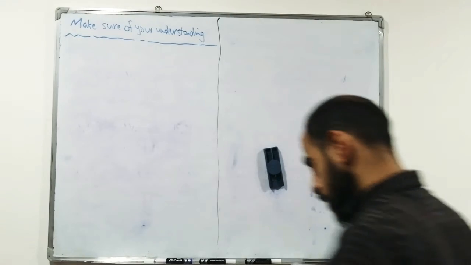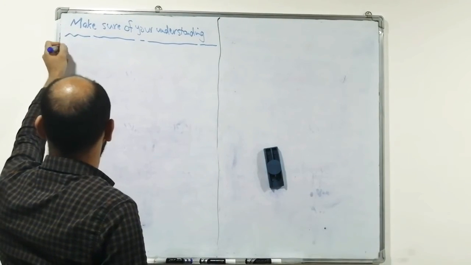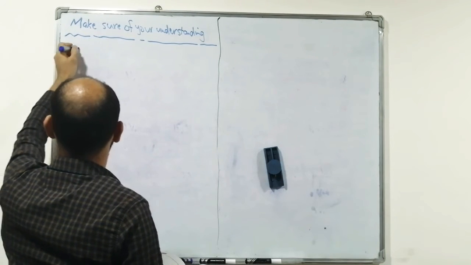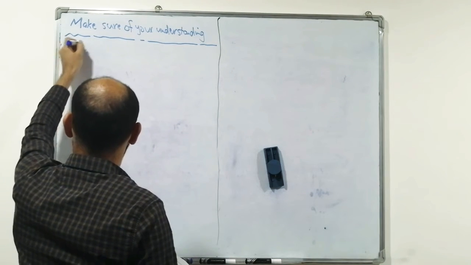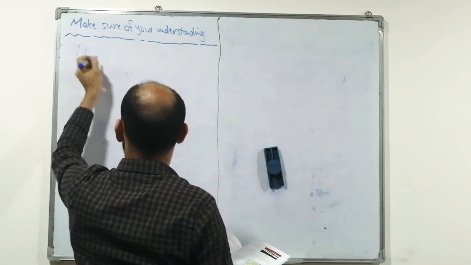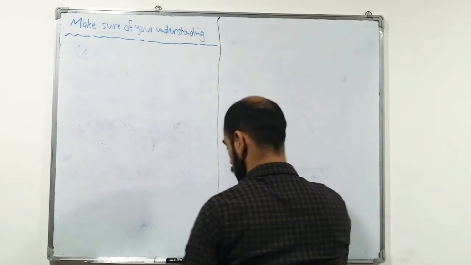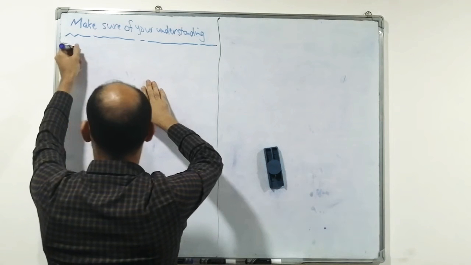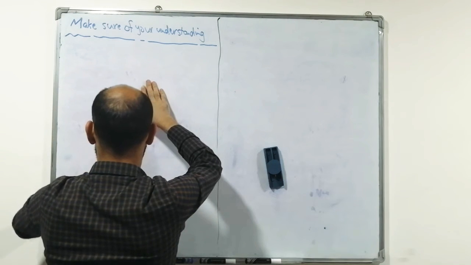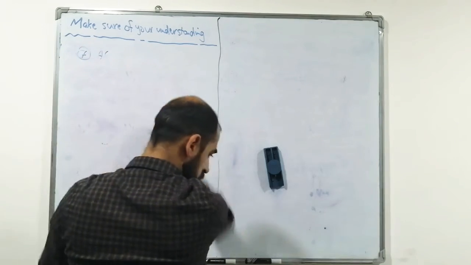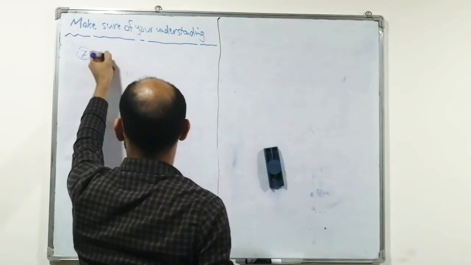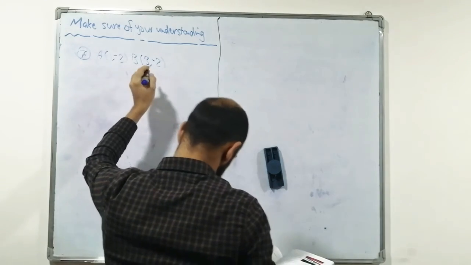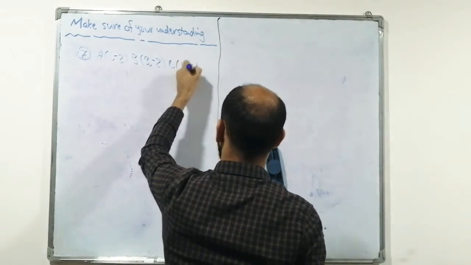Now question number 7. A is the point (1, -2), B is the point (3, -2) and C is the point (1, -4).